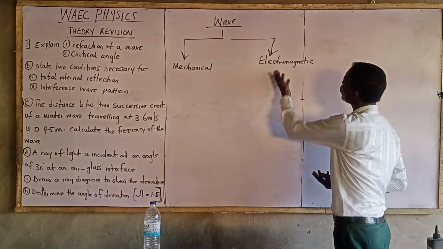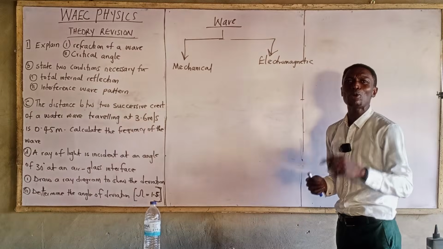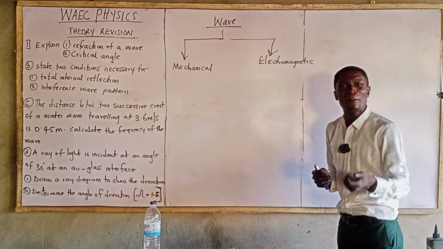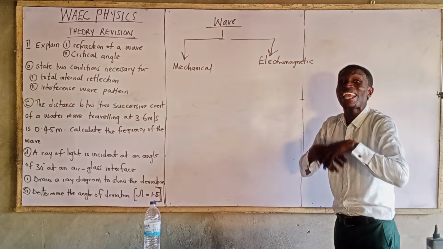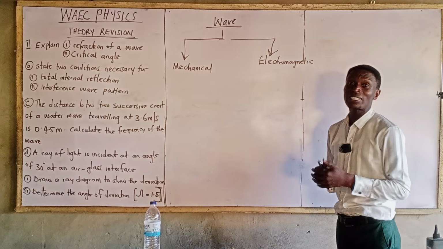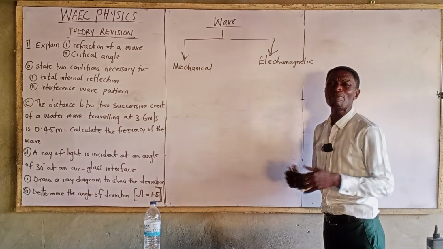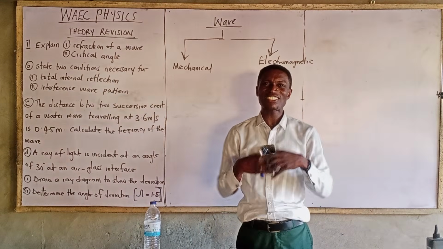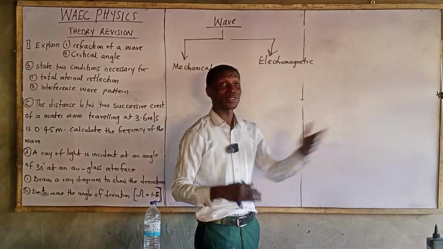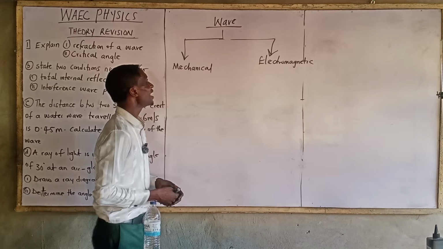And when we say electromagnetic, they do not necessarily need one, even though they may travel through a medium; the medium cannot hold them ransom. They may travel irrespective of the medium. So that's what we mean by electromagnetic. But a wave generally means a disturbance which travels through a medium and transfers energy from one point to another without causing any permanent displacement of the medium itself.